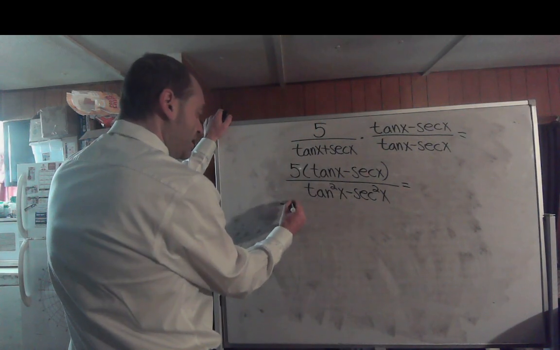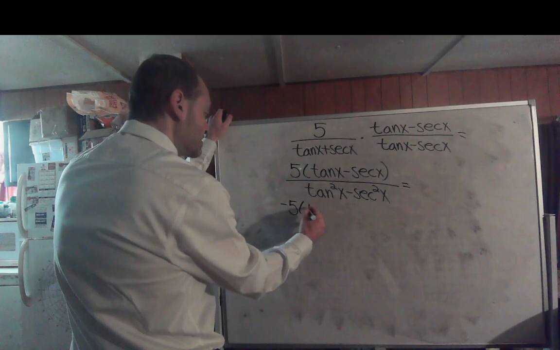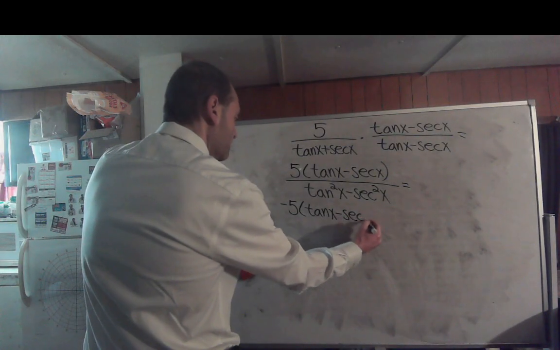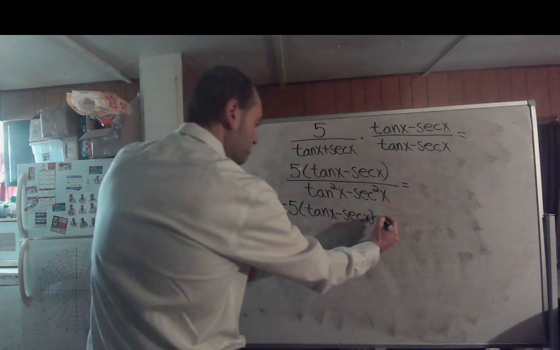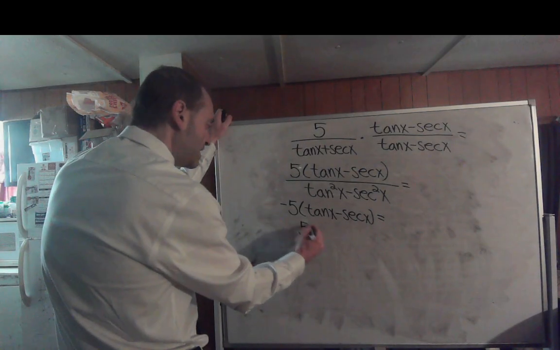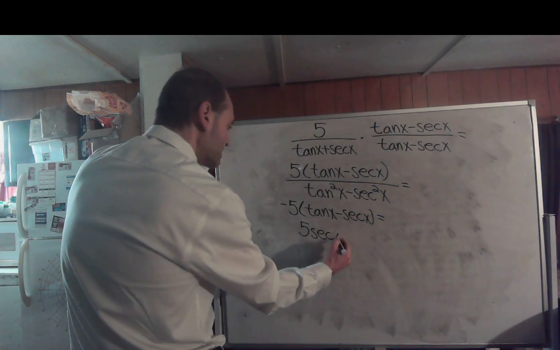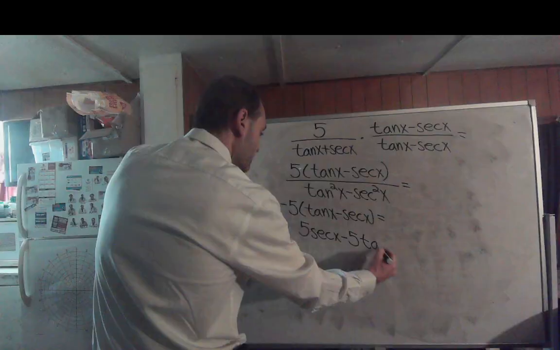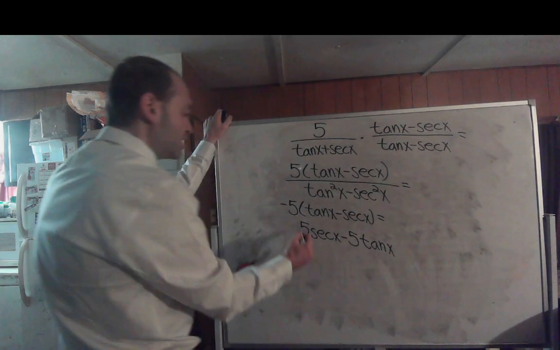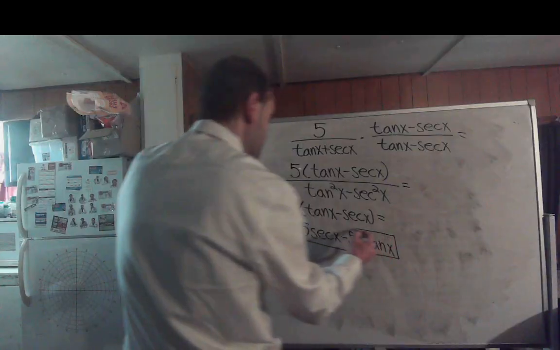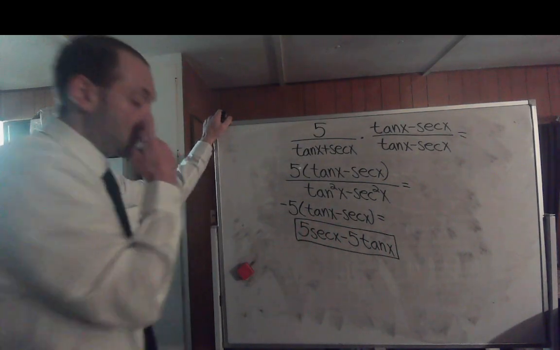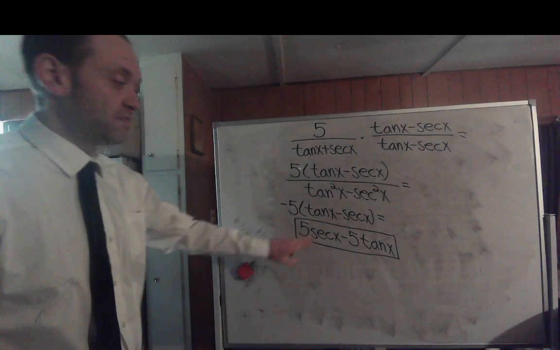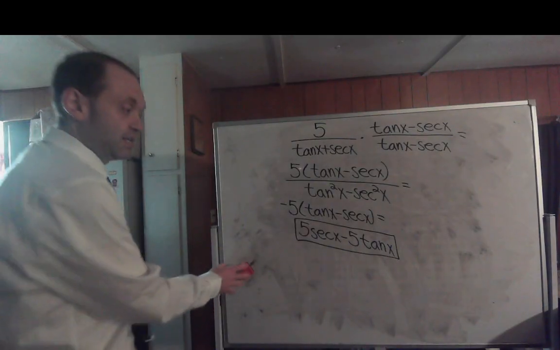So you would end up having -5 times the tangent of x minus the secant of x, which would end up simplifying one more time into 5 times the secant of x minus 5 times the tangent of x. And that would be the best we could do. You would end up getting 5 times the secant of x minus 5 times the tangent of x.